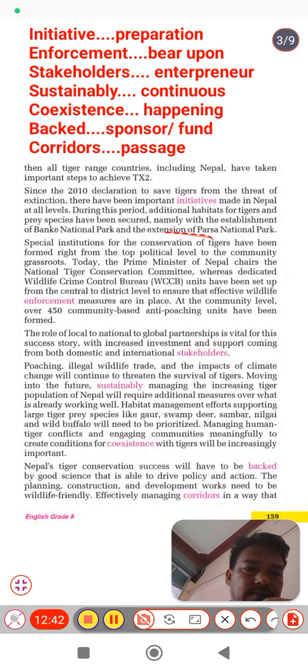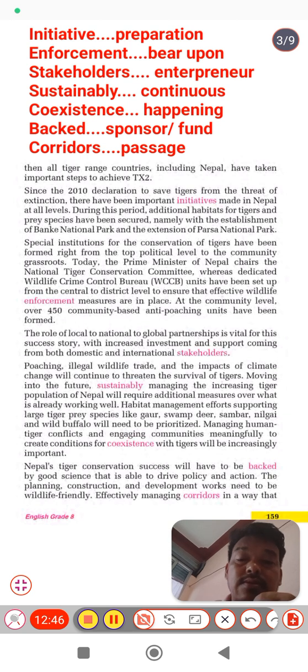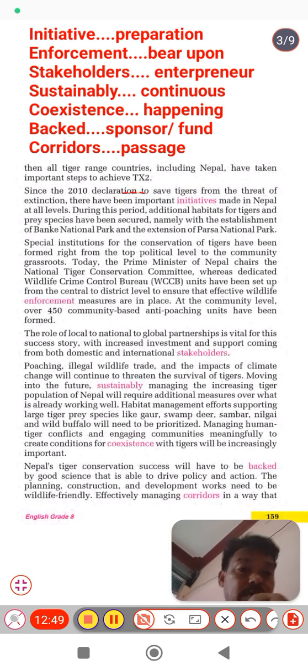Yes, many initiatives have been taken in order to double its tiger population, after the declaration of 2010, in Nepal.